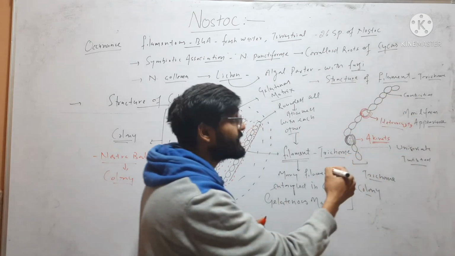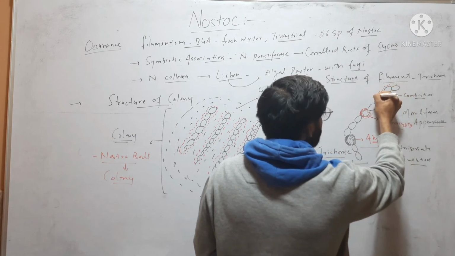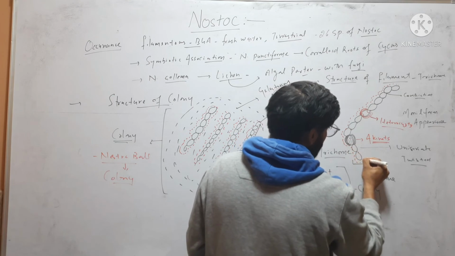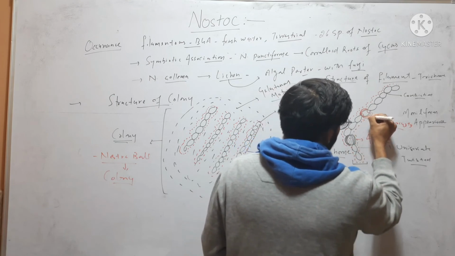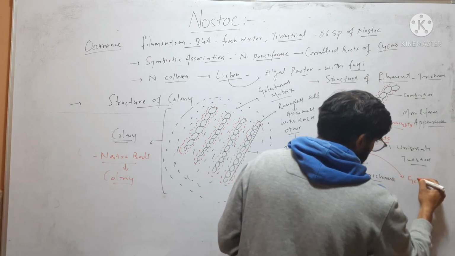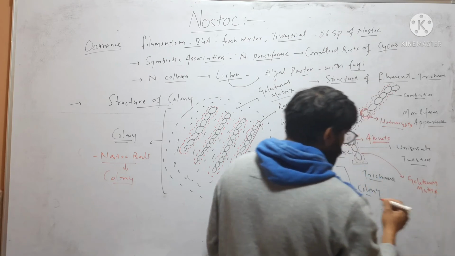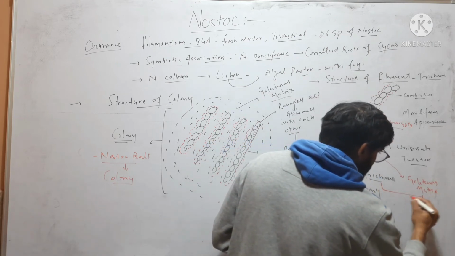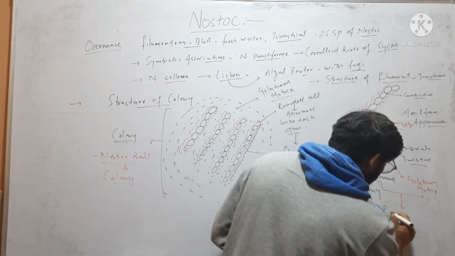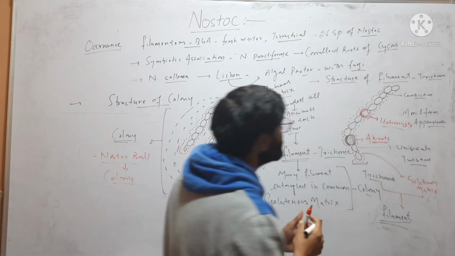This whole structure is called trichome, and this trichome also has a gelatinous matrix around it. The trichome and the gelatinous matrix, both collectively, are called the filament.